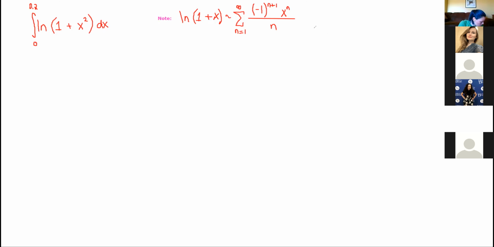Now, what's that little squiggle supposed to, what does that mean? It's like equals. Okay. Thank you. Approximately equal to. Yeah. Okay.